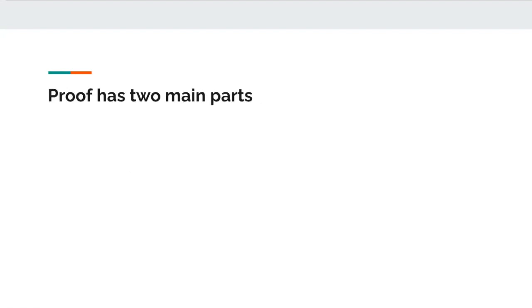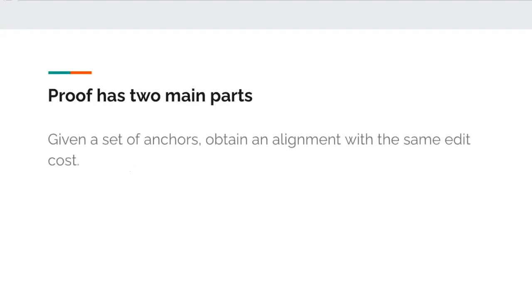The proof of equivalence consists of two main parts. The first part is showing that given a set of anchors, we can obtain an alignment with the same edit cost. This is not that difficult. In fact, many of the considerations that motivated our definition of the cost function were based on this.